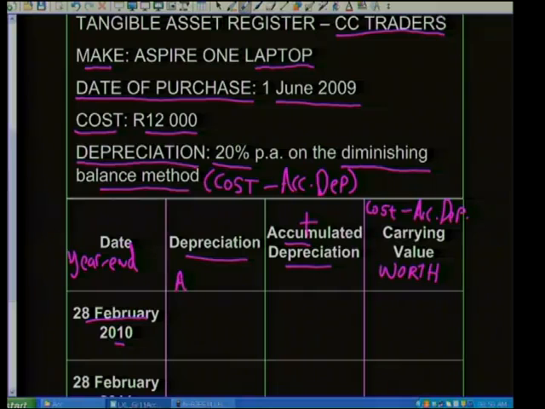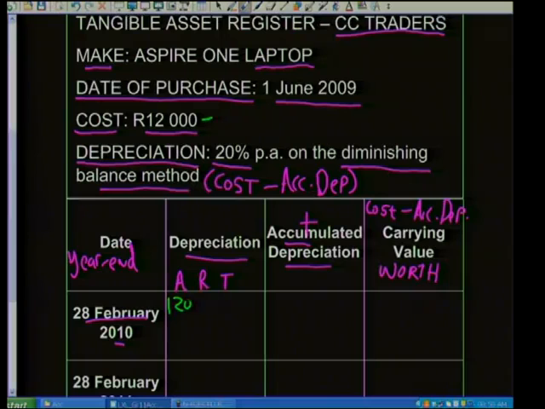So let's start with the calculation itself. Again, remember, depreciation, I'm always going to need amount, rate, and then obviously time. Now let's start with the amount itself. The cost price of the asset is given to me at 12,000.